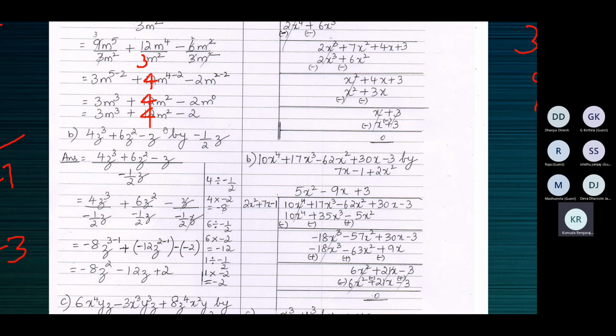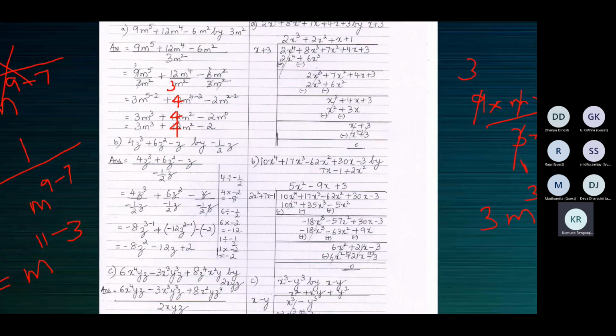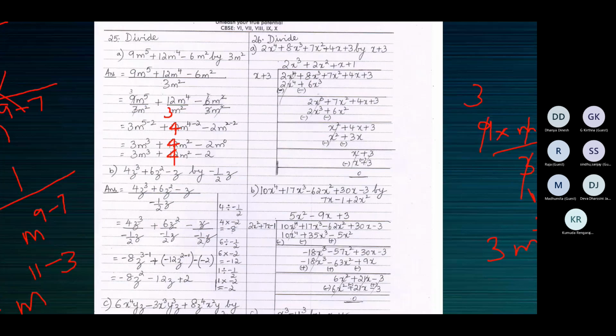Please go through, children. I want you to understand very clearly. Any doubt, please ask me. See the first one alone, division. So this is division by a monomial.